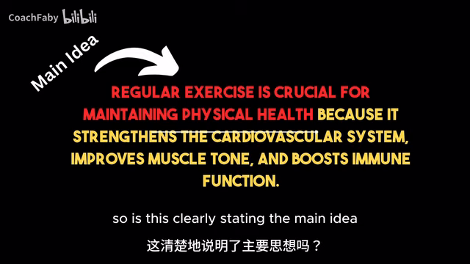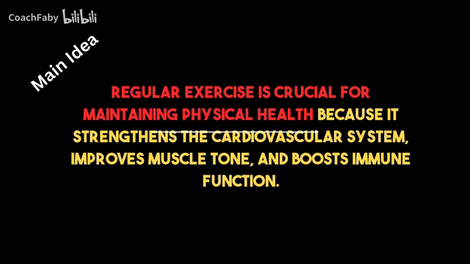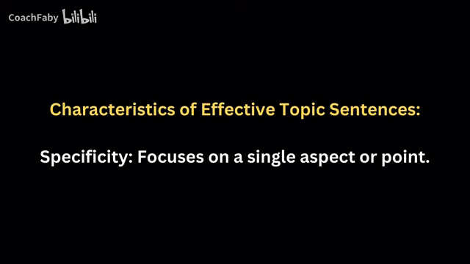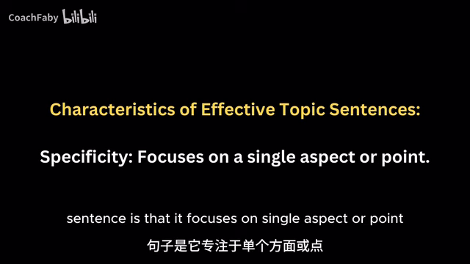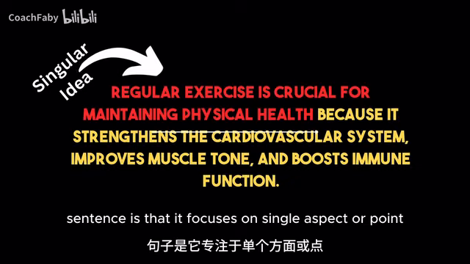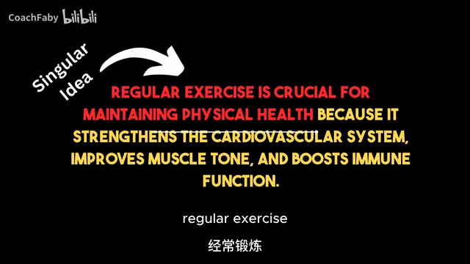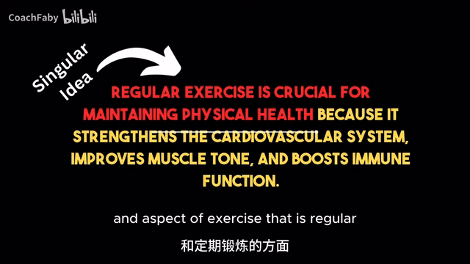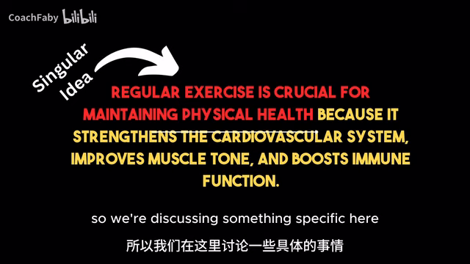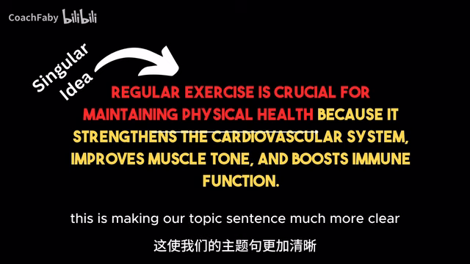So, is this clearly stating the main idea? Absolutely. Second, the characteristic that makes an incredible topic sentence is that it focuses on a single aspect or point. Regular exercise is a specific aspect of exercise that is regular. So we're discussing something specific here, making our topic sentence much more clear.